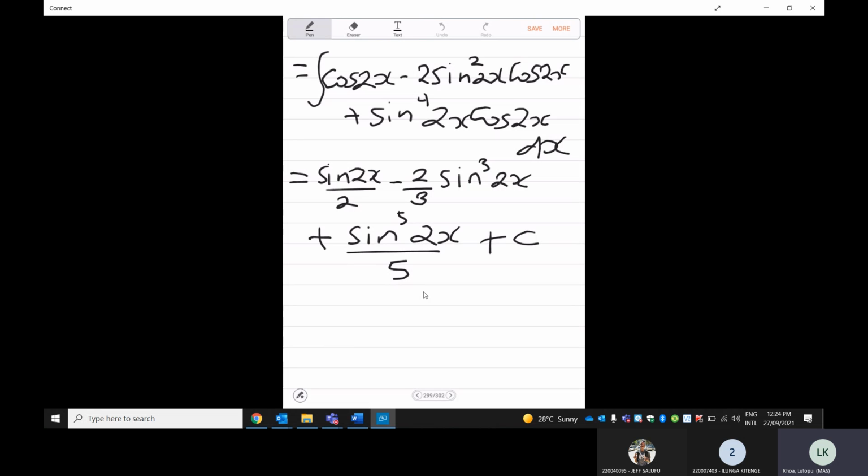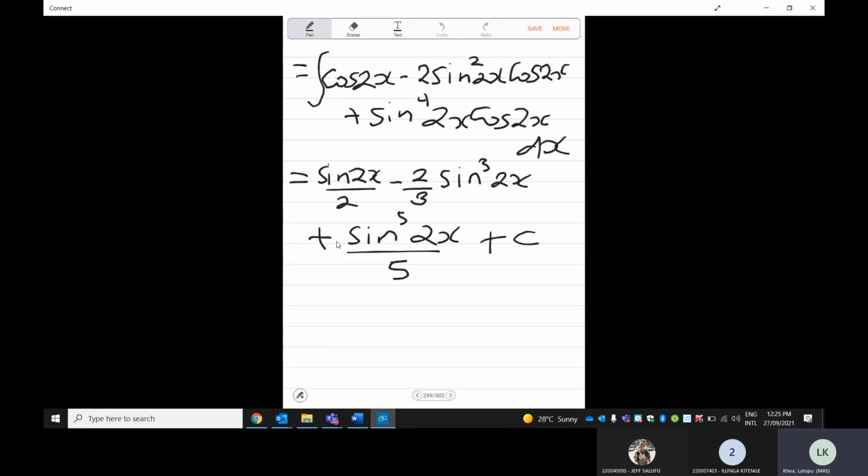Okay, that one's fine. Okay, yeah, even this one here, there should be over 10. Because when I differentiate this one here, the 5 will come down, it'll cancel. I have sine to the power 4 2x multiplied by the derivative of sine 2x, which is cos 2x, and then the derivative of 2x is 2. So this should be over 10.